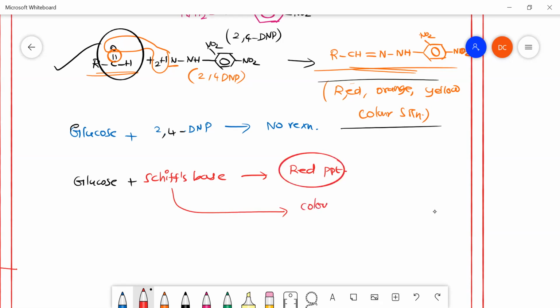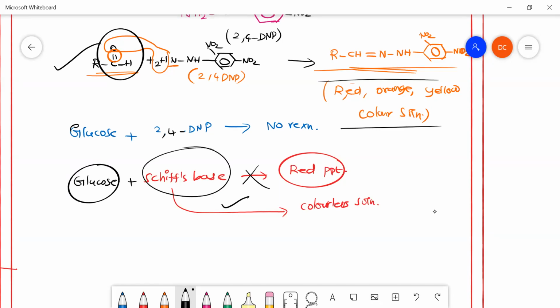It forms a colorless solution, which means that glucose is not reacting with Schiff's base, because if any aldehyde group is there, it can react, but glucose does not contain any free aldehyde.